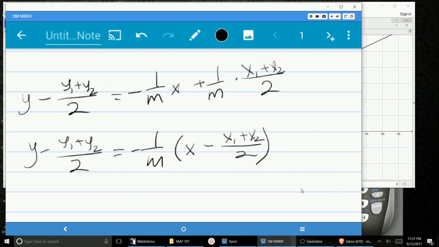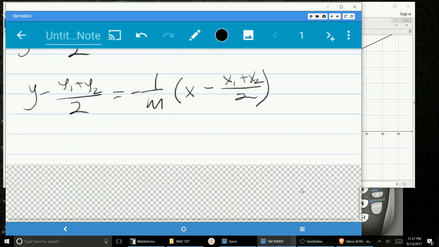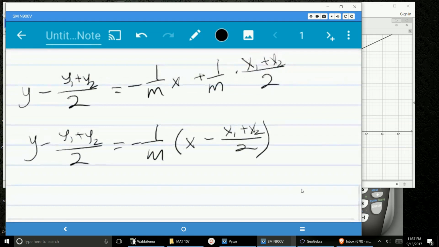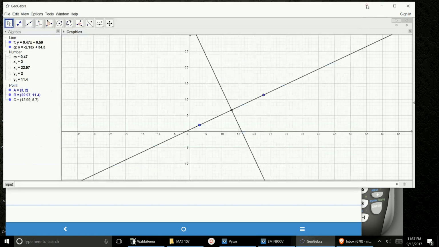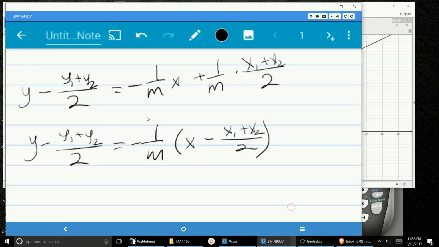So we now have this special little point, and you see what's happening? We're getting that negative 1 over m thing showing up. It's really tying everything we did together, because these are indeed going to be perpendicular to each other, but there's a little bit more you'd have to show to prove that these lines are perpendicular. You have to show that they intersect at a 90-degree angle. But that is awesome.